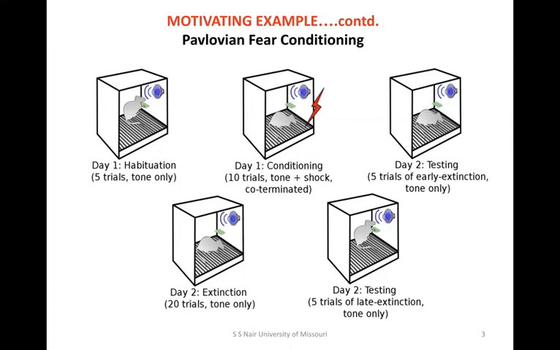The blue object is a speaker, and the green you can see is a feeder. And the tone is given 5 times, spaced about a minute apart, so that the rat gets habituated to the tone. That was the habituation phase, when the rat got used to the tone.